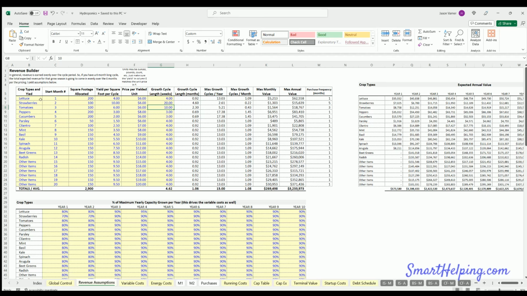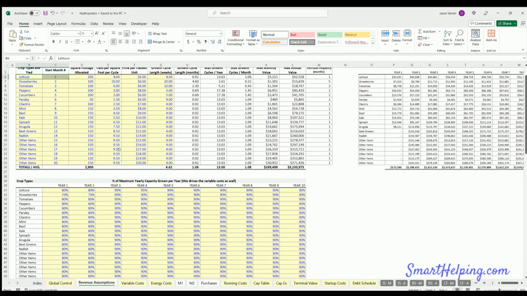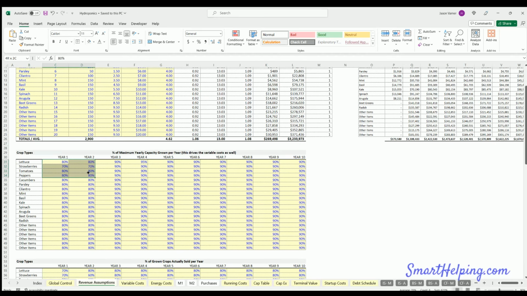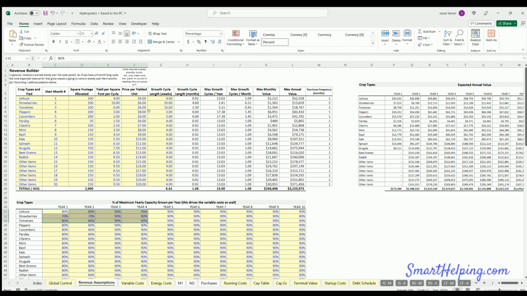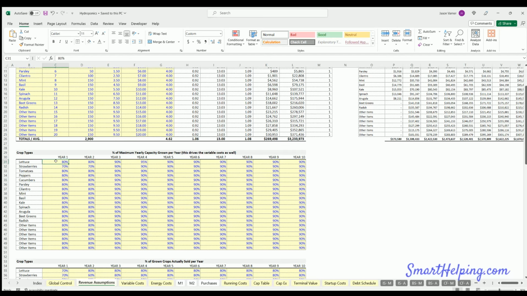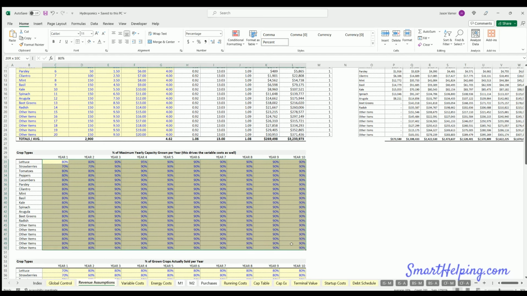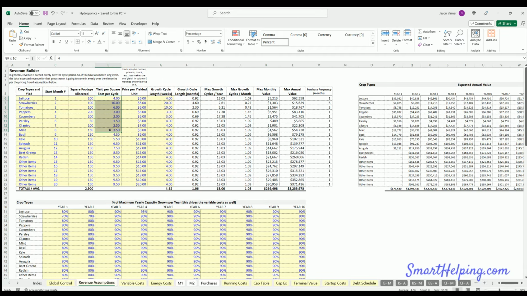Okay, so this is how you're configuring these for each of the crops. This is just defining the maximum yearly capacity grown per year. So this is the maximum yield, but you might not be growing that. You grow 80% of that in year 1 and 2, and then maybe you get up to 90% or 95. And then of what you actually grow, so this is the maximum possible capacity you can grow.